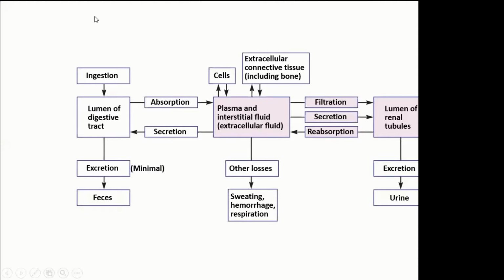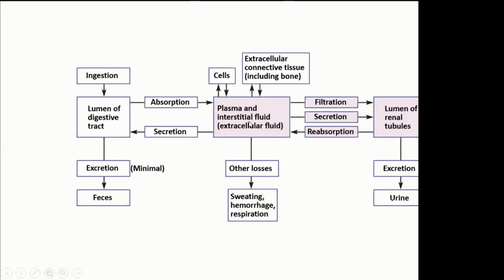We're going to see that some of what's in the plasma and the interstitial fluid comes from ingestion. When you eat something or drink something, it goes into your digestive tract. Eventually, stuff gets excreted as feces, but along the way, mainly through your small intestine and also your large intestine, you're going to be absorbing various solutes, various nutrients, some water.